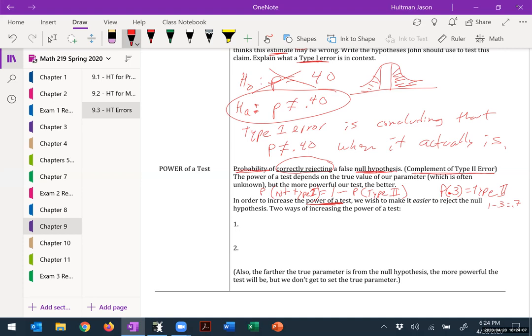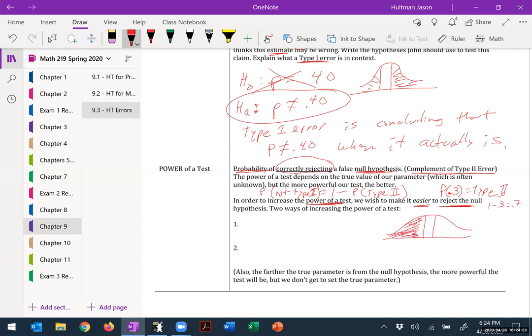So in order to increase the power of a test, we wish to make it easier to reject the null. Okay, so what would make it easier to reject the null? Let's draw a picture of this. Again, easier to reject the null means that we want really large tails.